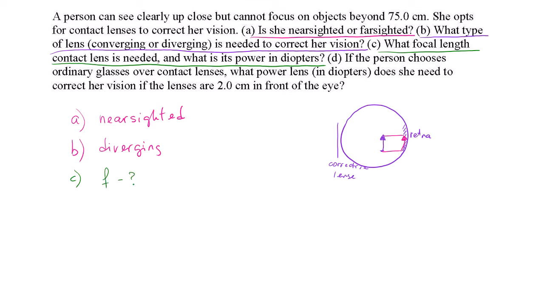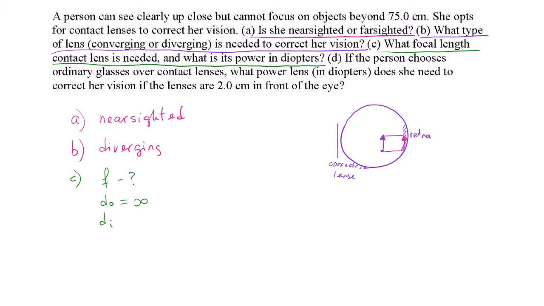Now to find that, we need to understand what our distance of the object is and what our distance of the image is. Let's remember that all the objects that are beyond 75 centimeters, we want to bring to 75 centimeters so the eye can see. So any object beyond 75 is the same for that eye as an object at infinity. So I'm going to say the distance of the object is infinity.